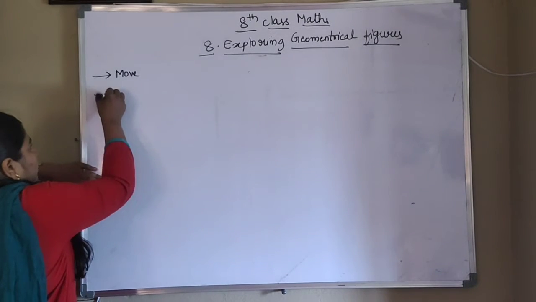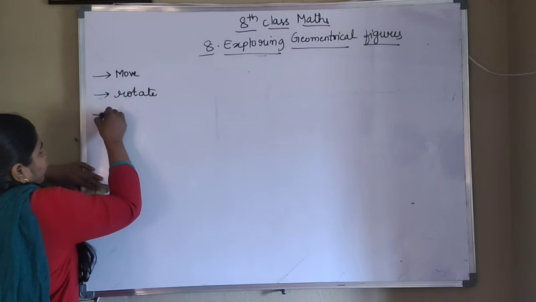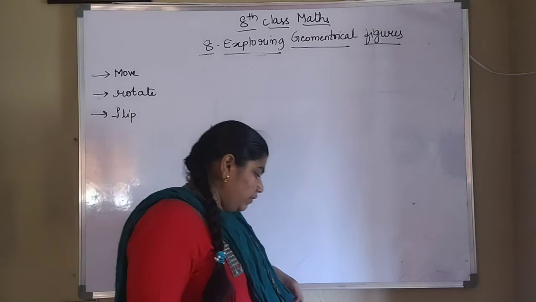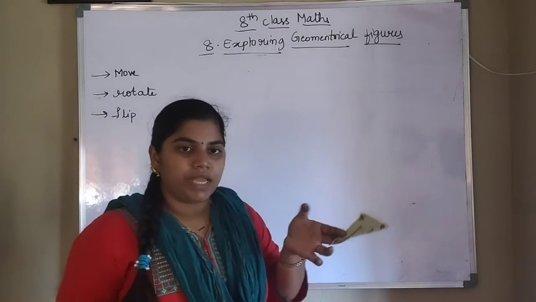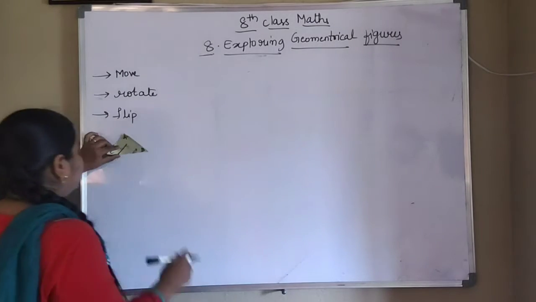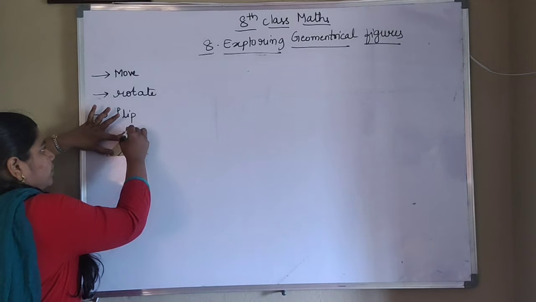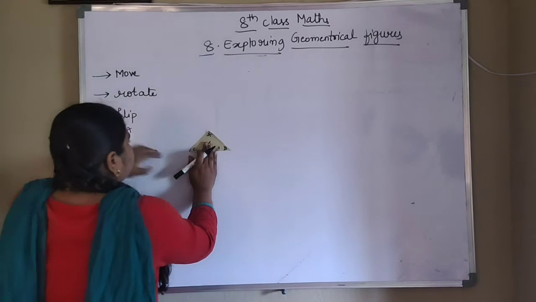And what is rotate? And what is flip? So what we are learning is what is move, what is rotate and what is flip. Suppose I am taking this triangle, I am keeping it here. This triangle A, B, C, I am moving from here to here.